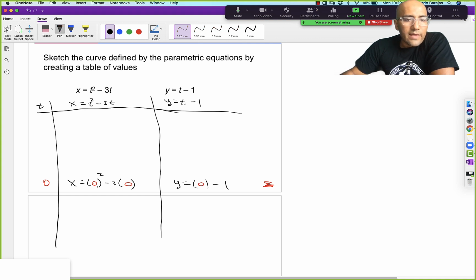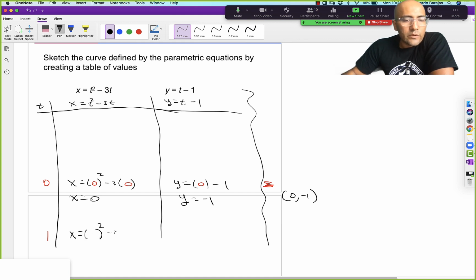We end up with x equals 0. It's going to be 0 squared minus 0, so this is just going to give you a 0. And y equals negative 1. So we end up with the ordered pair 0, comma, negative 1, as our first ordered pair that we graph. Okay? When t equals 1, then again, we have to first of all crack the code for the x coordinate.